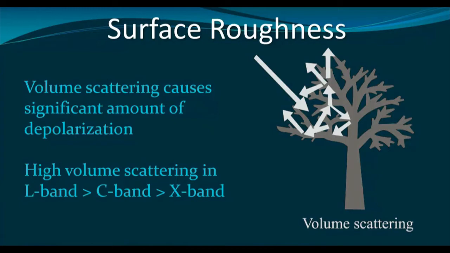But if we want to identify smaller objects like objects in the urban areas, definitely longer wavelengths are not suitable. Anyway, in this slide I have shown you the L band, C band and X band, and as you can see, in the L band we shall have the highest volume scattering, then in the C band, and then in the X band.